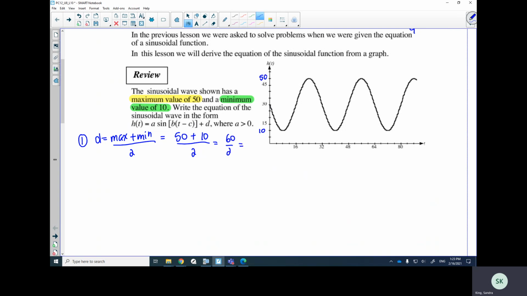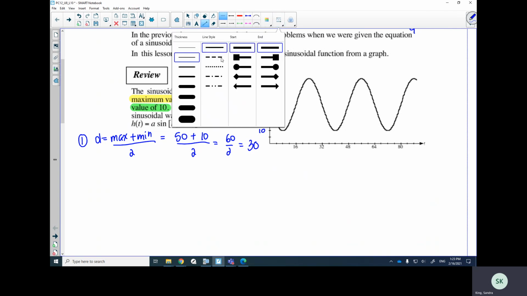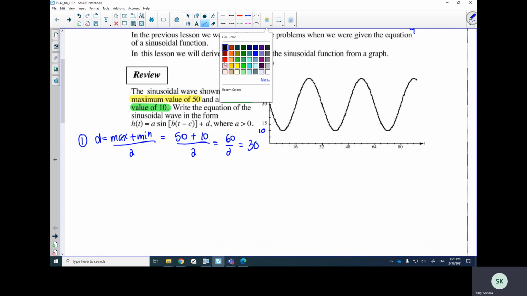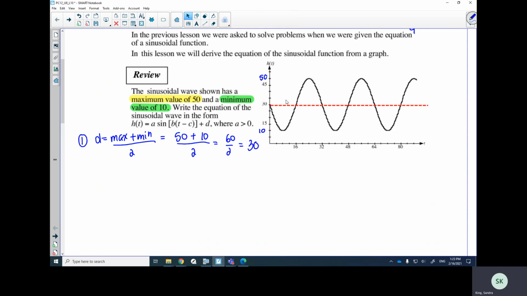The midline of this graph is at 30. So the D value is 30. So now take your ruler and at 30, get your midline in there. So that's my midline there.